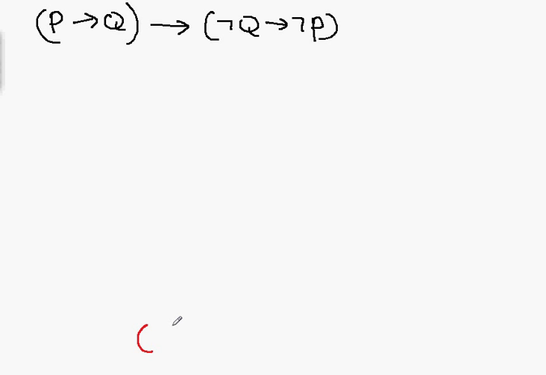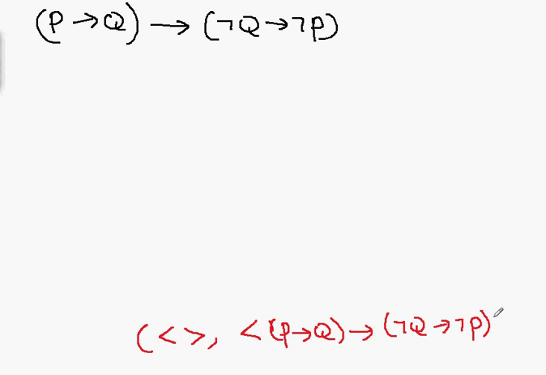That is, there is nothing that is true, and the given formula is false. P implies Q implies, negation of Q implies negation of P. For this given formula to be false, we should remember that if there is an implies, then it means that it can be false.